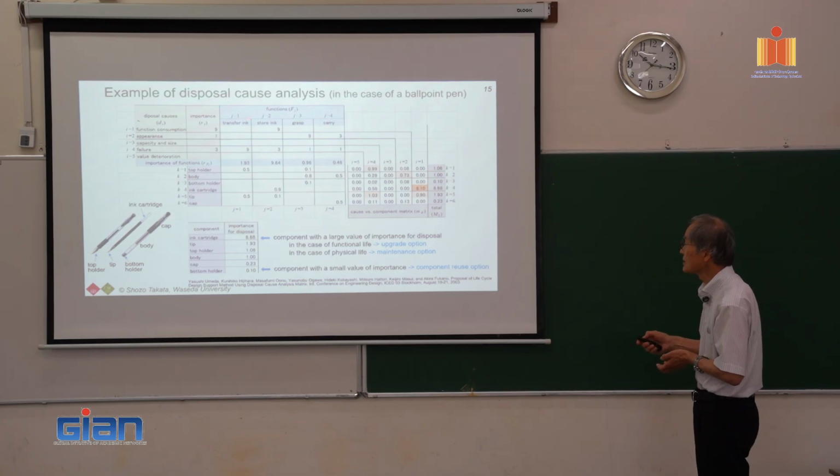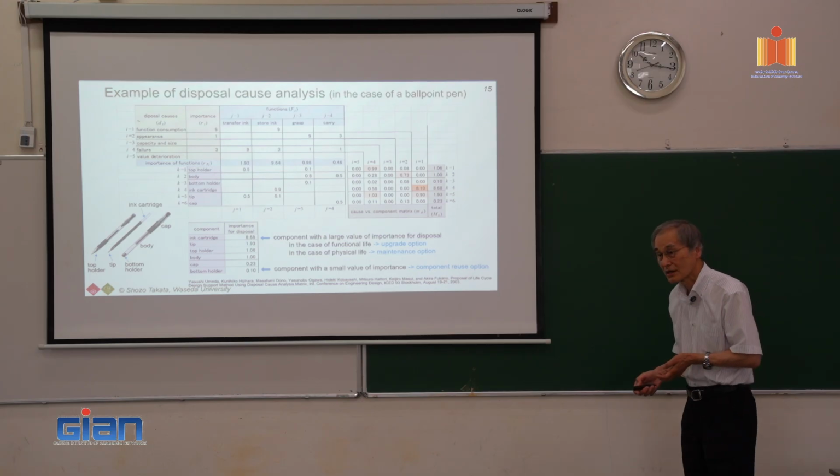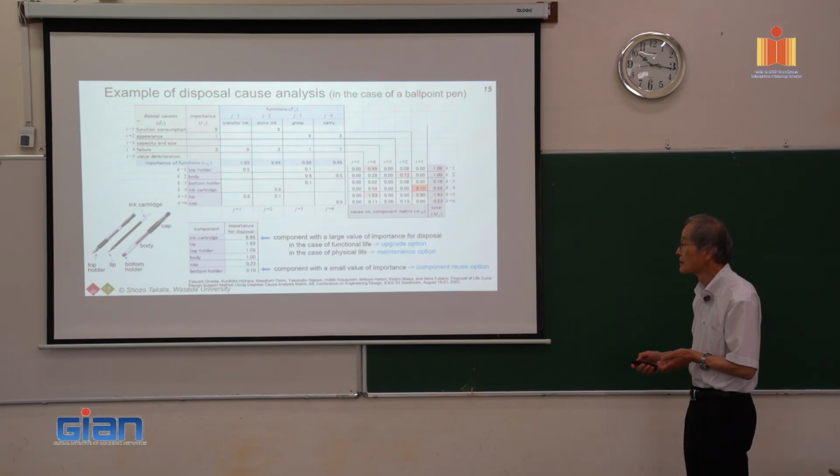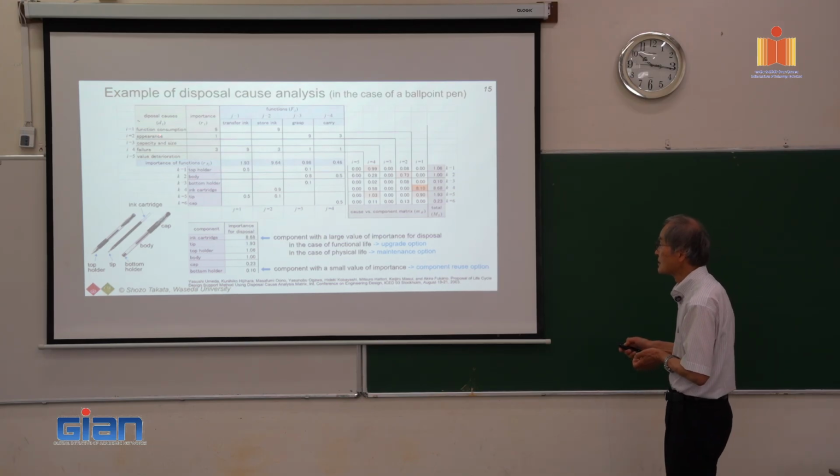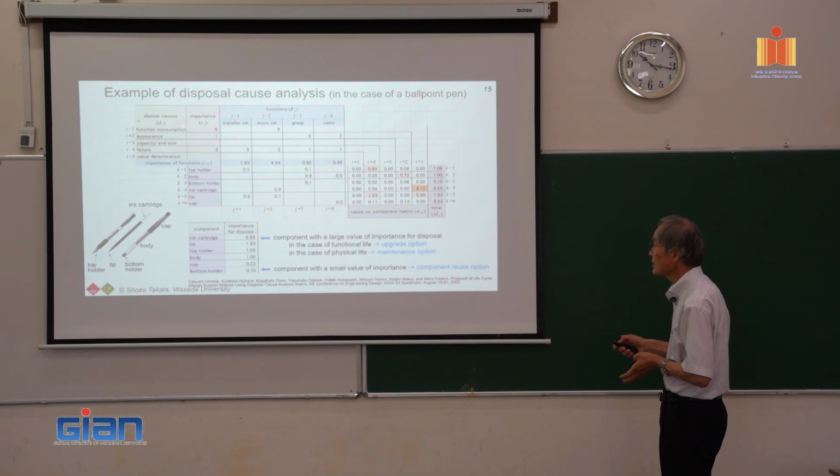These are just an example of the functions of the ballpoint pen. And as I explained, the weight of the disposal cost is transferred to the weight of the function.